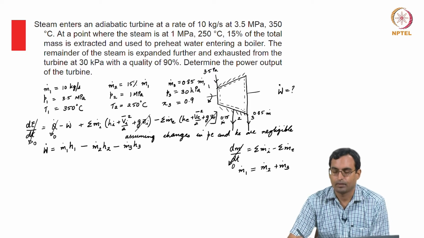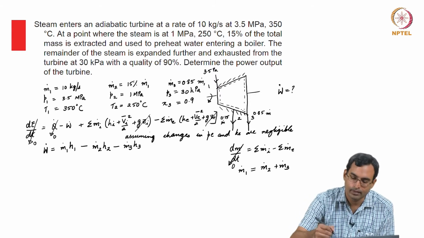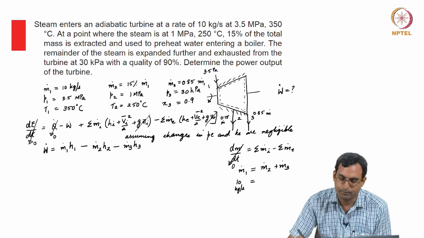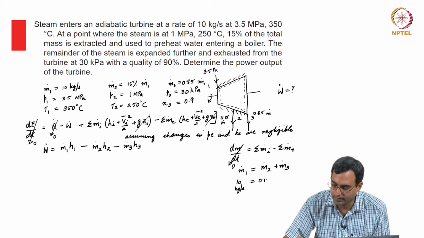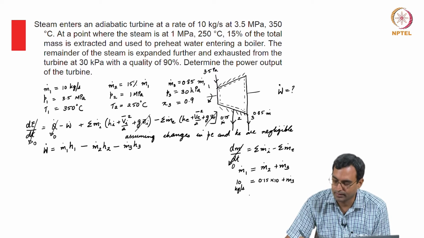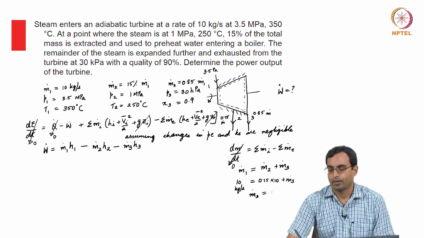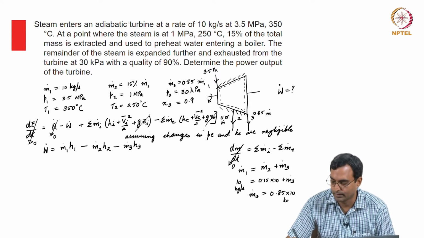I know m1 dot, it is 10 kg per second. I know m2 dot is 15% of the total. So, that is 0.15 into 10 kg per second, which essentially gives me m3 dot is 0.85 into 10 kg per second.